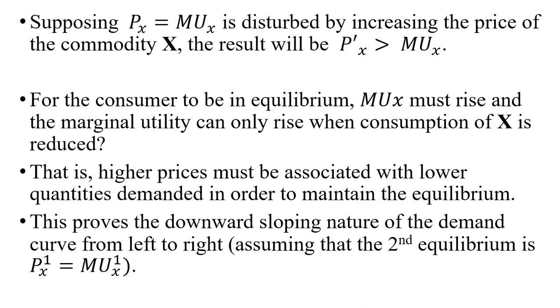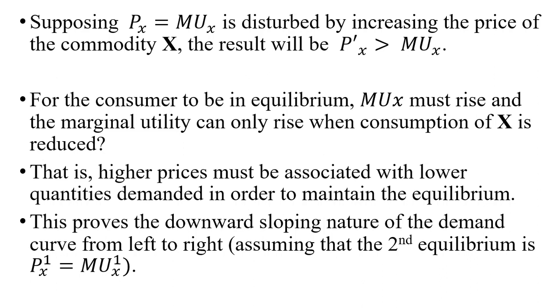So we have this law called the law of diminishing marginal utility. This simply says that as more and more units of a commodity are consumed, the additional satisfaction derived from consuming an extra unit diminishes.